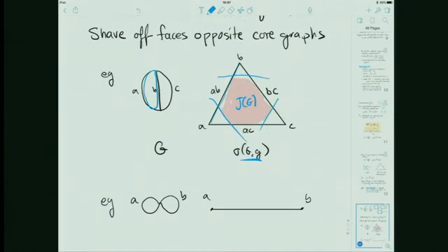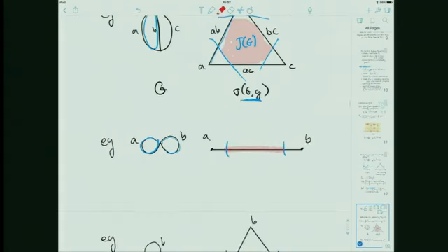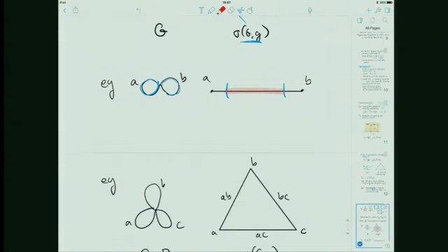If I have a rose, there's two subgraphs, they're both core. A is a core subgraph, and I cut off B. B is a core subgraph, and I cut off A. So I'm left with that. In fact, no matter what rose I have, every single subgraph is a core subgraph, so I'm going to be cutting off every single face.